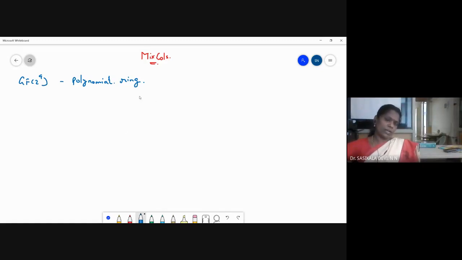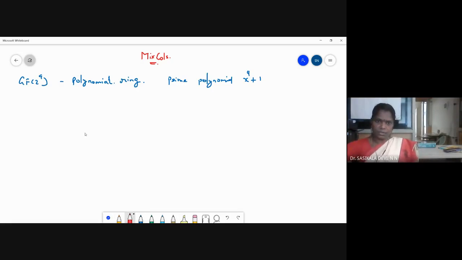So the GF of 2 power 8 polynomial ring with a prime polynomial for this is x power 4 plus 1. So mixed column is constructed based on a simple polynomial. We have a polynomial f(x).